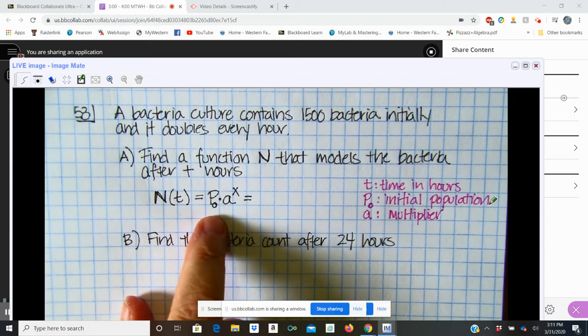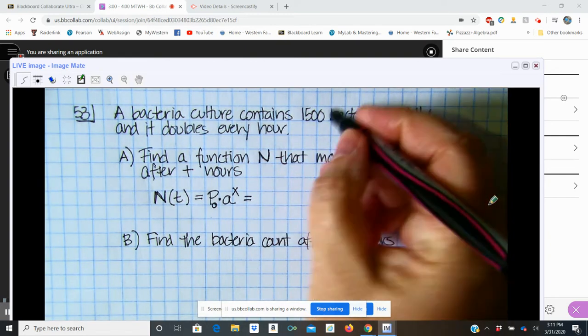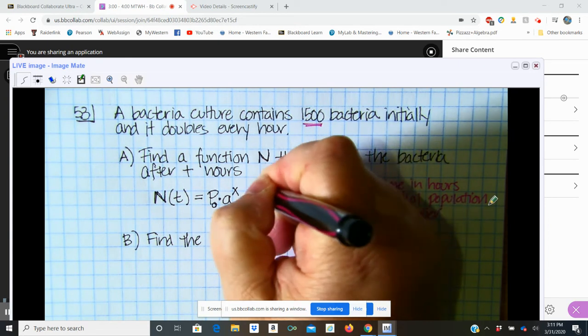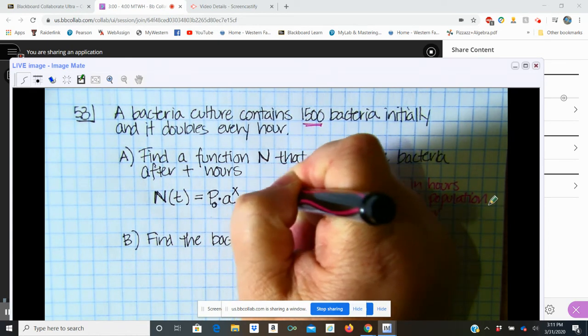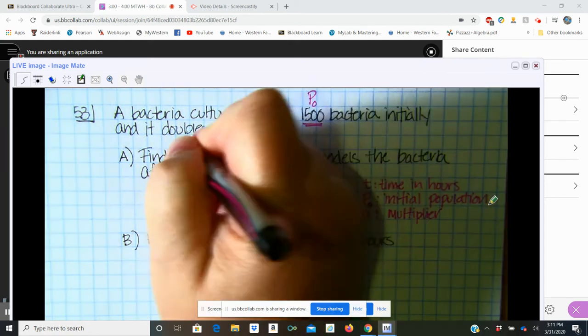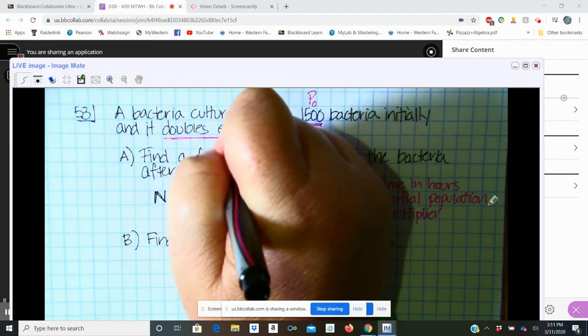In our case, our initial population is 1,500, and since it doubles every hour, this is giving us our a value.